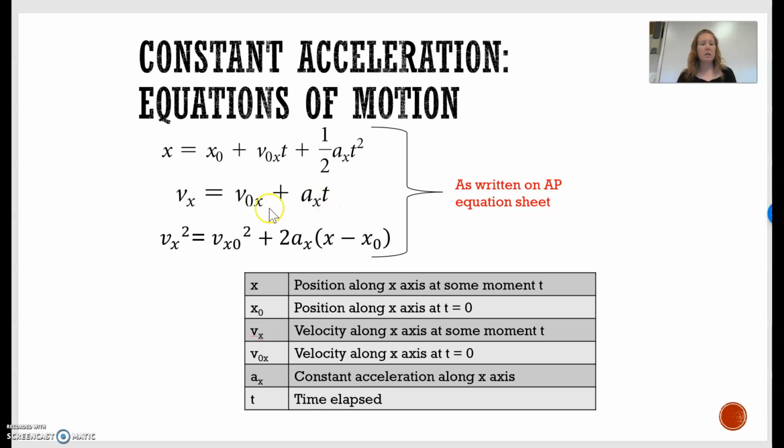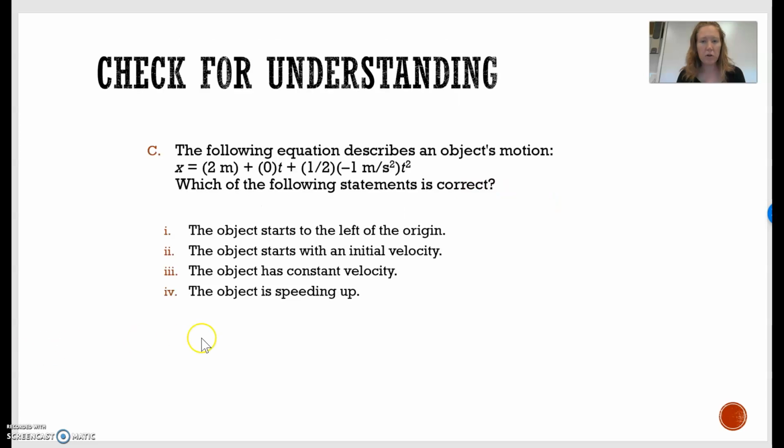Okay. And then I thought we should talk about this kind of question, where it's asking you to analyze a situation given the equation for the motion. And because we just studied that equation, we know what these variables mean.